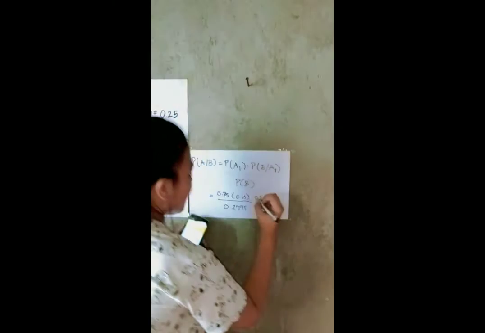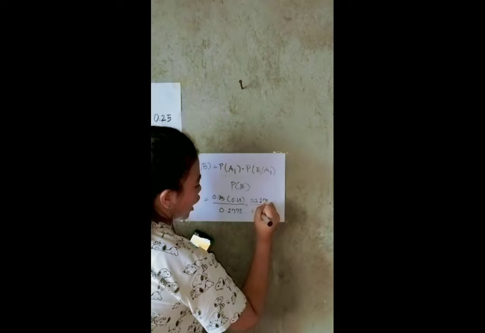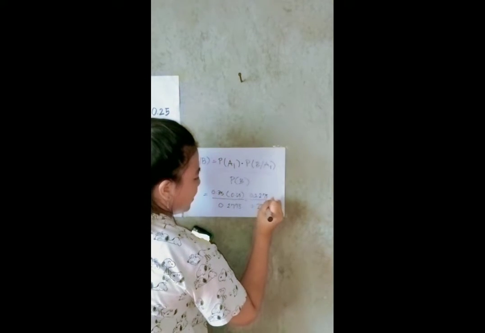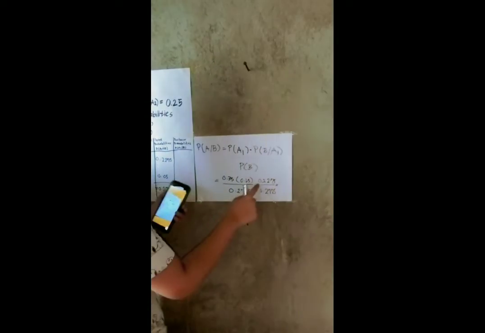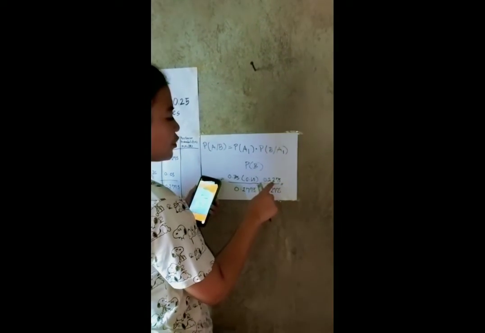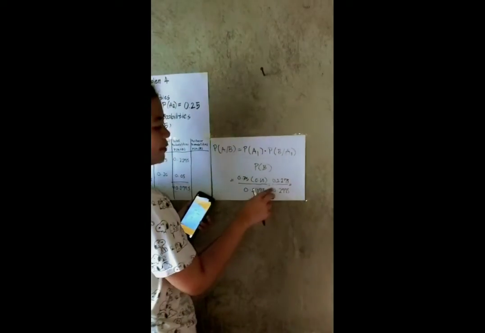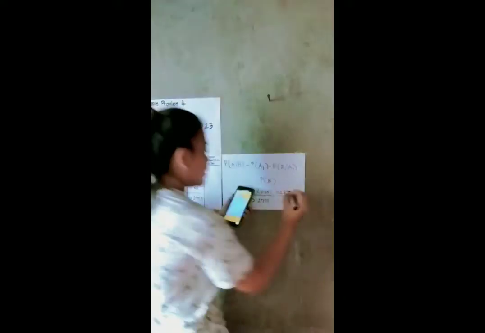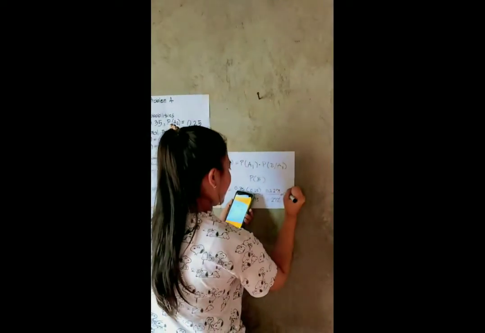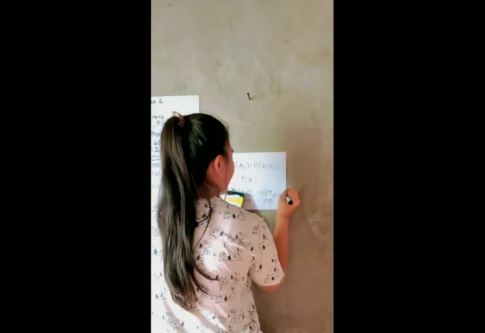Copy the joint probability 0.2775. That 0.2275 divided by 0.2775 is 0.8198.